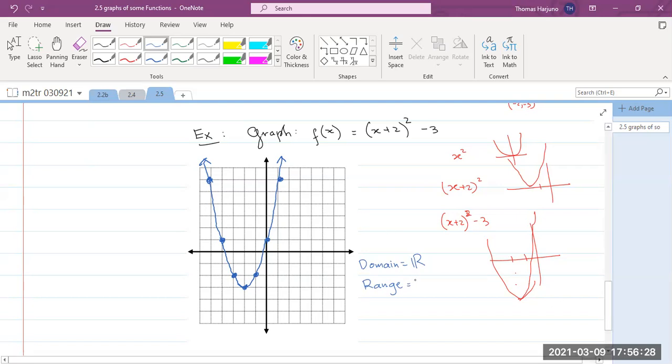The range is from -3 to infinity, right? How about the axis of symmetry? Remember, axis of symmetry is the equation of a vertical line. So the equation of the vertical line is x equals -2.